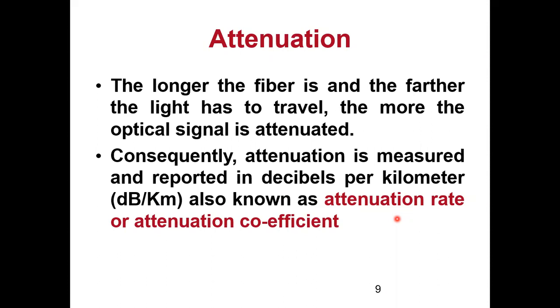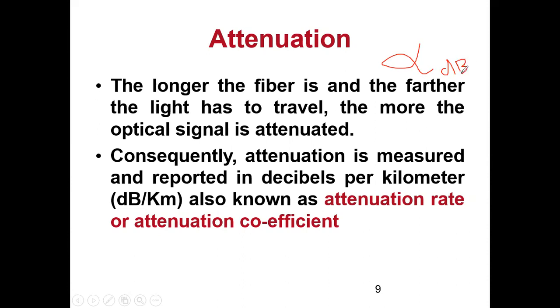In the language of the question, they may say find the attenuation coefficient, and you wonder what this coefficient is. It is nothing but one and the same thing. Attenuation, attenuation rate or attenuation coefficient are all the same, usually denoted by the symbol alpha. So attenuation in dB, I write alpha dB.